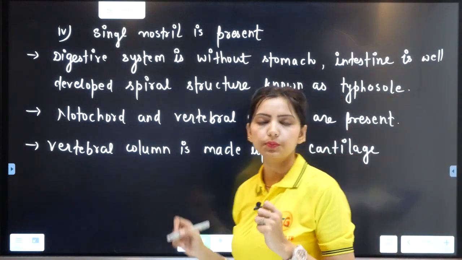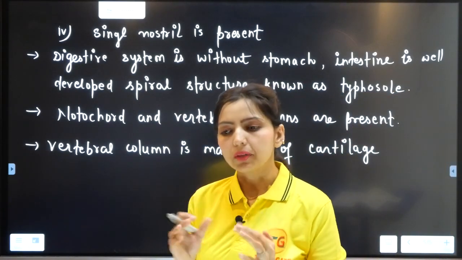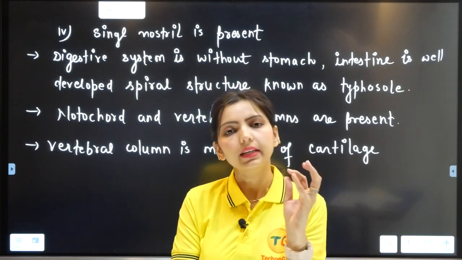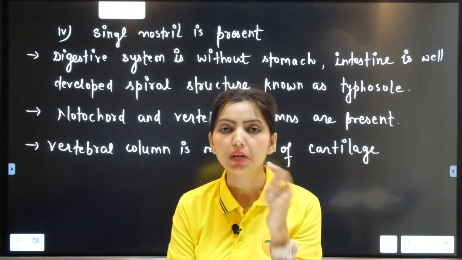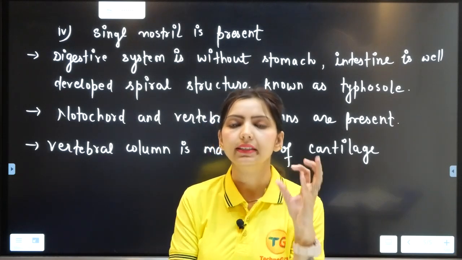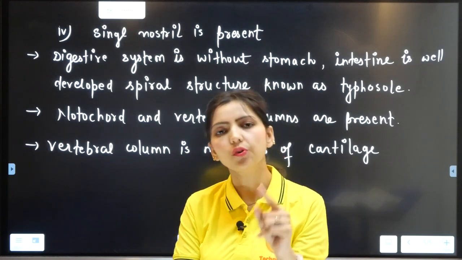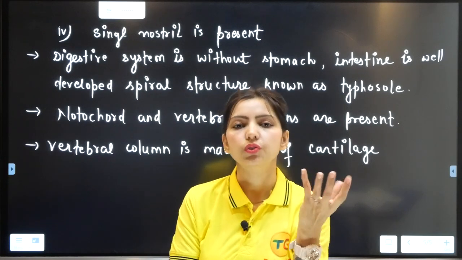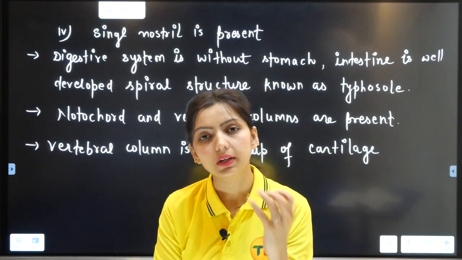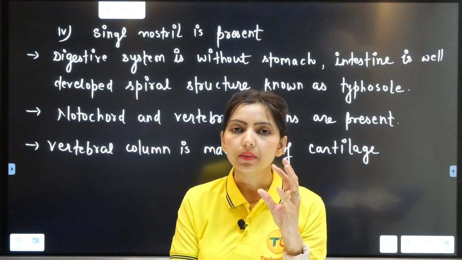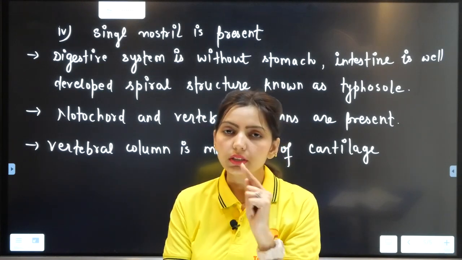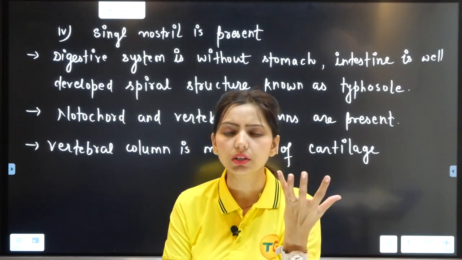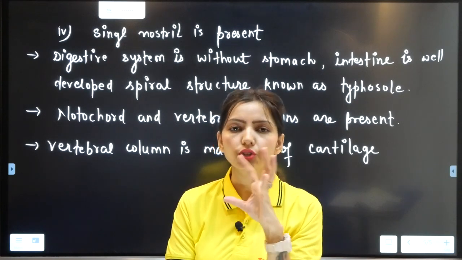So what you can understand from this point, that cartilage, okay, now let's quickly understand a basic little concept. Cartilage, bones and your blood, lymph, this falls under the category of one special type of tissue which we are going to study after this classification in the very next series. These are known as connective tissues. Bone and cartilage both are a tough kind of structure, meaning they provide structure or shape to your body.